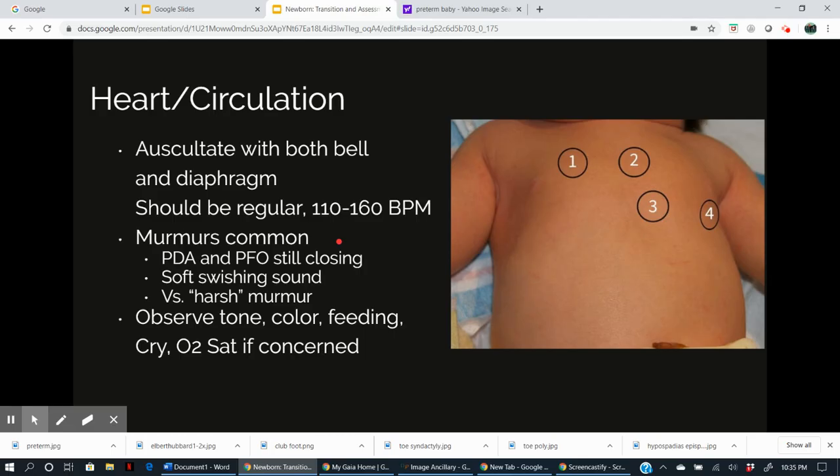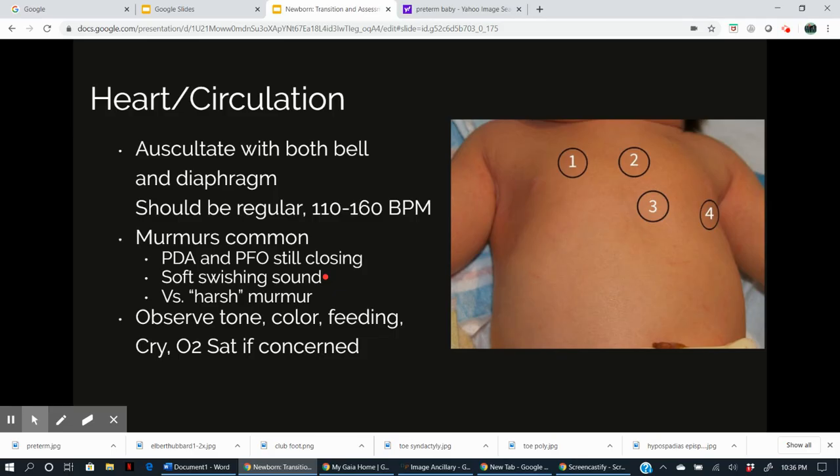When you get really good at listening to babies, when you've listened to a lot of hearts, you can tell what sounds normal in a normal kid with maybe the PDA, the ductus arteriosus, and the foramen ovale, those little openings. I did not beat this to death because I think it's something that confuses students a lot. But you have those valves or those openings to sort of bypass the lungs.